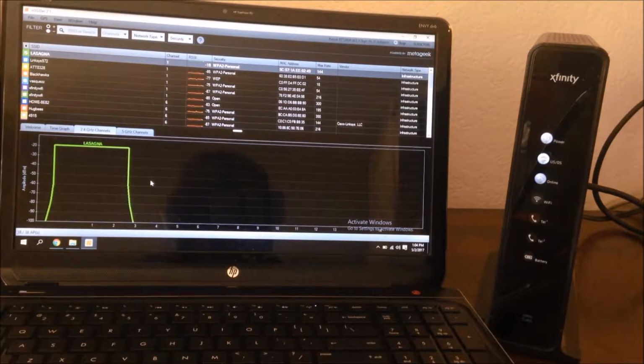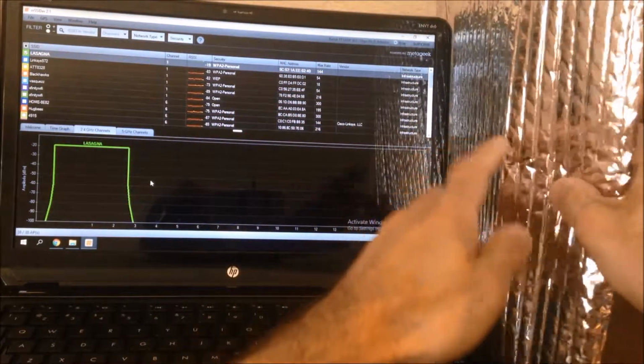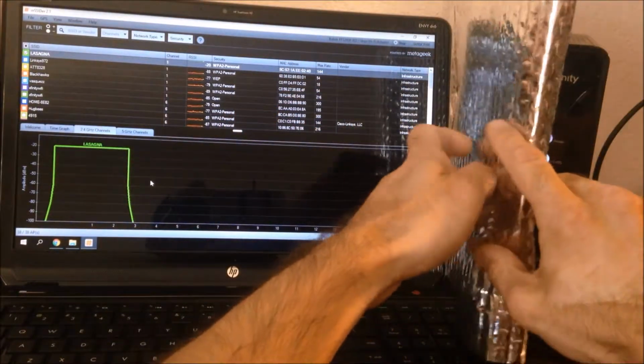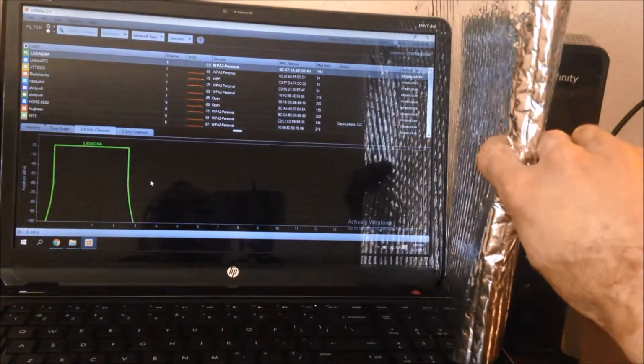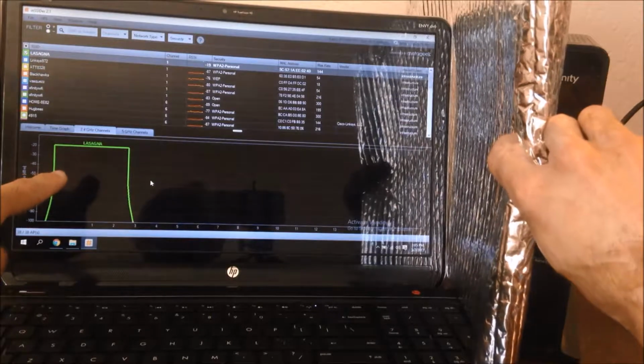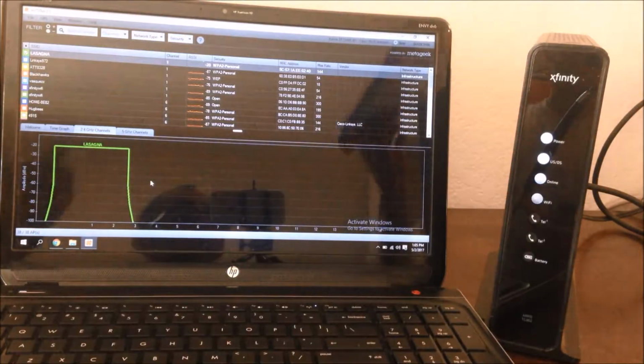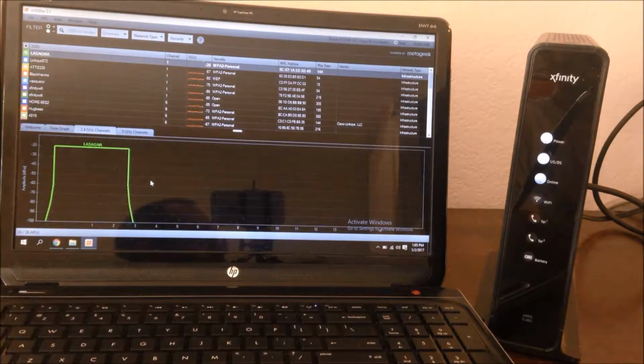So now, here I have a piece of aluminum foil that we're going to put in between your computer and your router. As you can see, the signal drops even more just by applying a little bit of aluminum foil in between your computer and your router. You drop the efficiency.